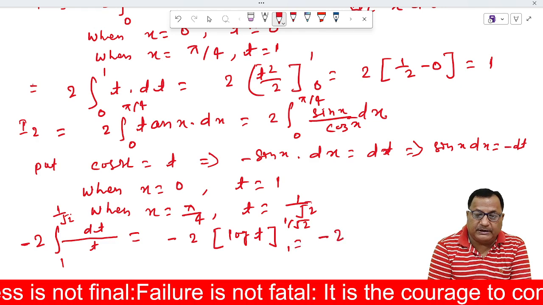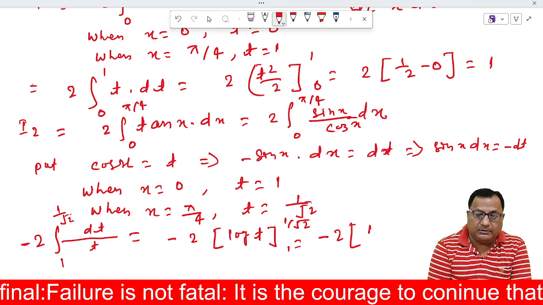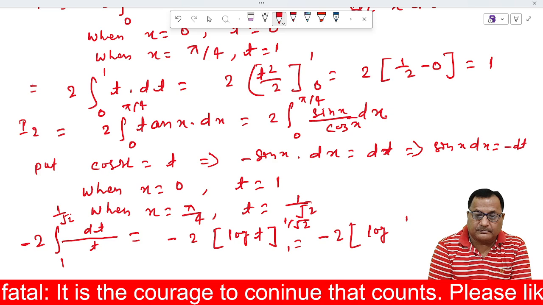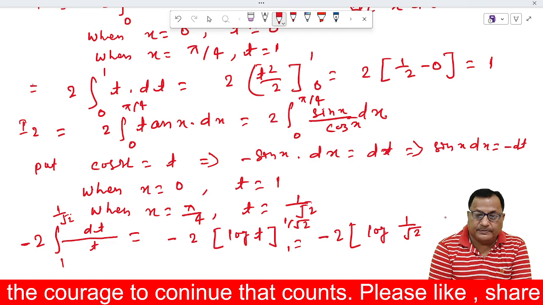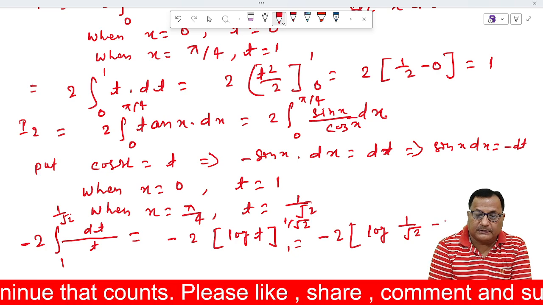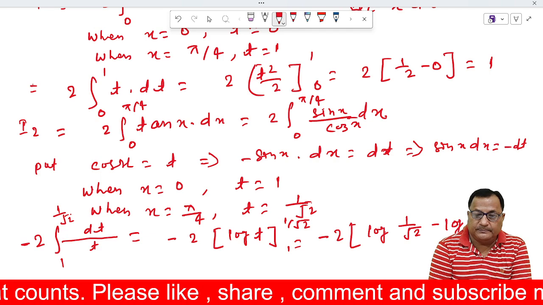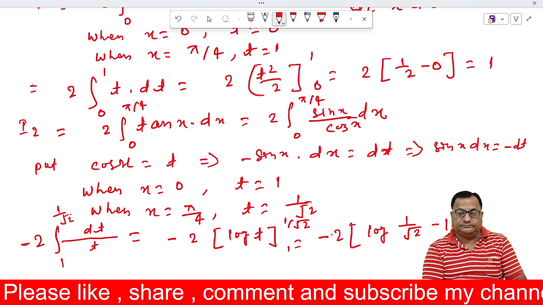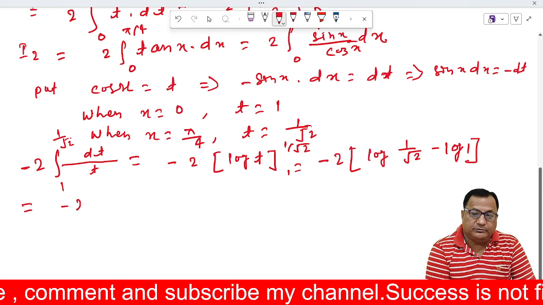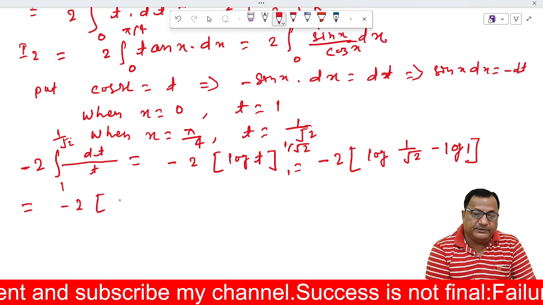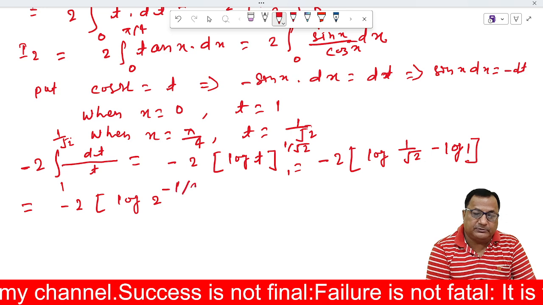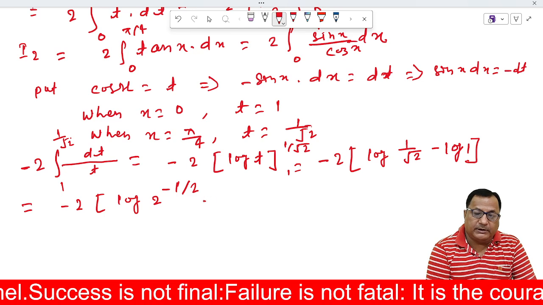Now we put the values: minus 2 times log of 1 by root 2 minus log 1. Minus 2 times log of 2 to the power minus 1 by 2, and log 1 is equal to 0.